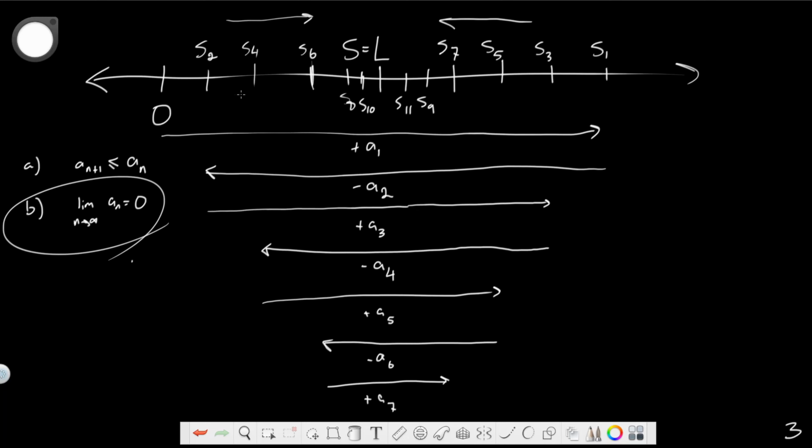We're going to use this fact that we generated in our picture proof. S sub 2 is less than S sub 4, which is less than S sub 6, which is less than S sub 8, S sub 10. We understood that with our arrows. We're going to take advantage of that, because if something's increasing and we know it's never going to get past something, in this case L, then can't we prove that it converges?